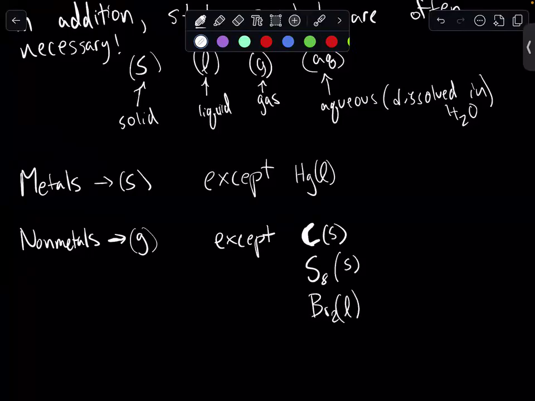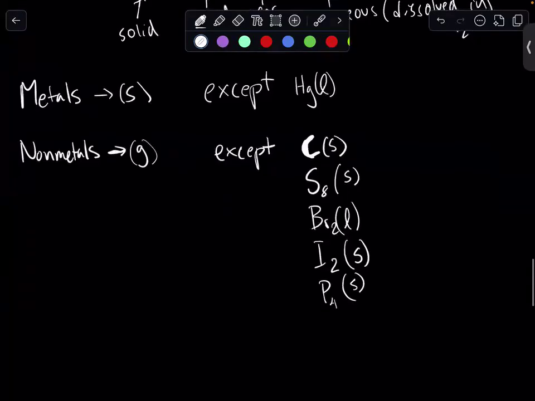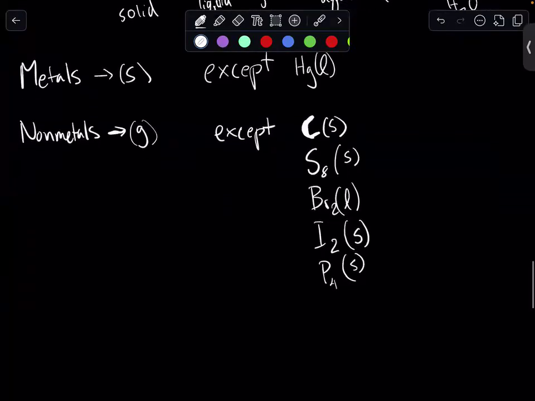It appears as a diatom. Iodine, I2, also appears as a, oops, not liquid. It appears as a solid. And phosphorus, P4, also appears as a solid. So, with the exception of these 1, 2, 3, 4, 5 elements, nonmetals are almost always gases.